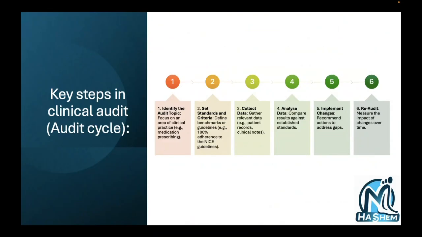Then I need to analyze this data to know whether what I'm doing is compliant or not. If it's compliant, it's okay. If it's not, I need to know why not. Once I know why I'm not compliant, I put a plan to change that, implement this change, and then I come and re-audit to ensure that this audit cycle has ended in change. So I have done what I aimed for.